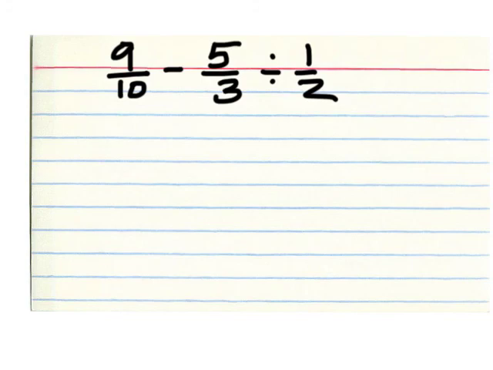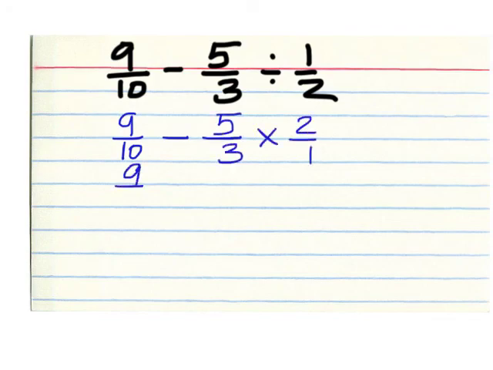Practice 4 solution. 9/10 minus 5/3 divided by 1/2. We'll do the division first. That would be 5 over 3 times 2 over 1. And that simplifies to 10 over 3. So our common denominator would be 30.